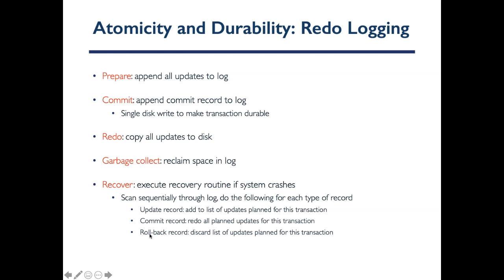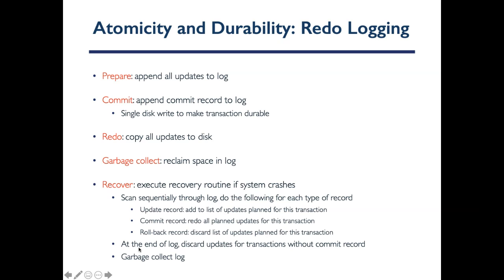So if you get a rollback record, you just discard all the updates you've seen so far in your recovery routine. You were creating a list of all the updates you've seen for this transaction. Now that you see a rollback, you just discard it. If you see a commit, you can go ahead and commit the transactions.